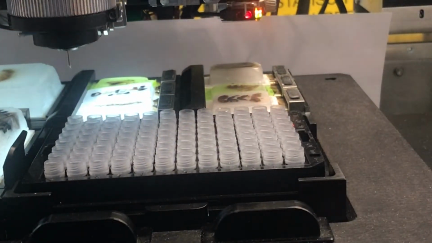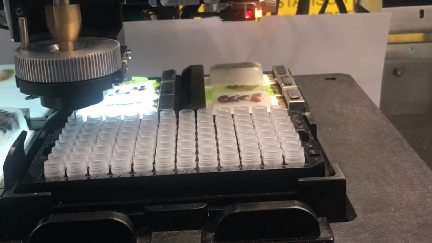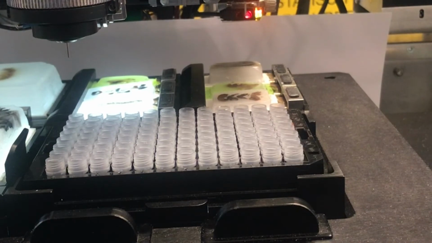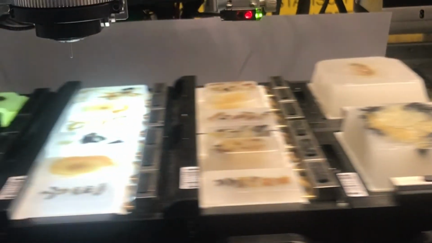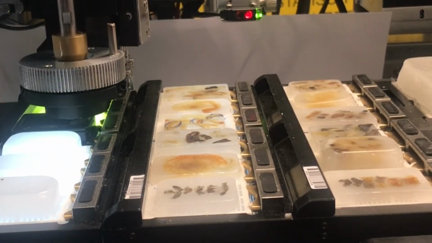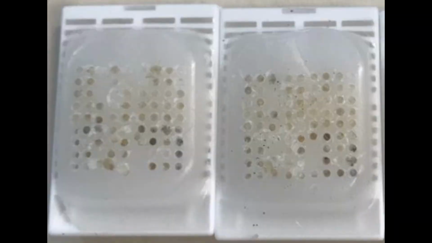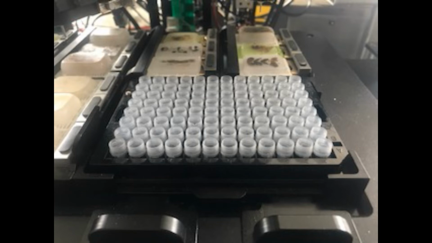In case a microfuge plate is used as a recipient, Galileo will pick and place the tissue core into the selected tube and then clean the recipient needle. Then the automatic coring cycle will continue until all the tissue cores selected are extracted and placed into the recipient blocks, which can be either the TMA block and or a 96 or 384 microfuge plate.